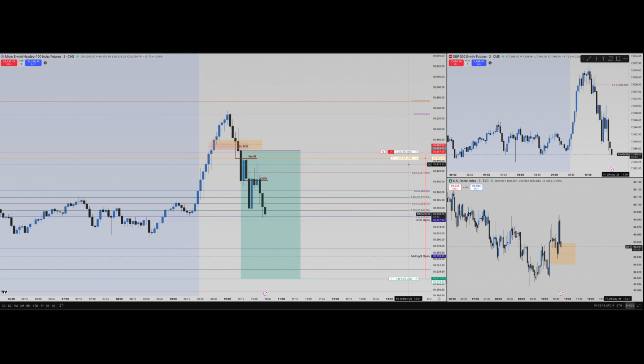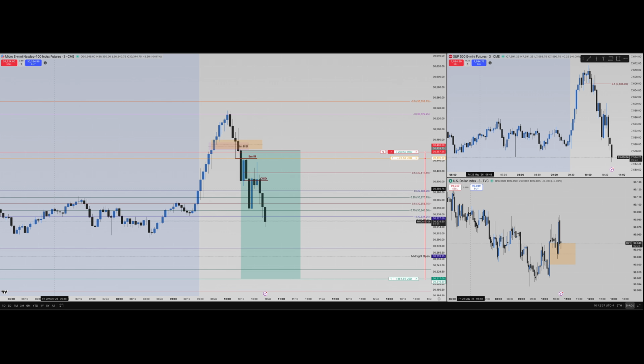And here I was looking at the dollar returning back into that inefficiency. As long as it was in the upper half and showing discount sensitivity, my narrative is still intact. Trailing stop a little bit there as well.